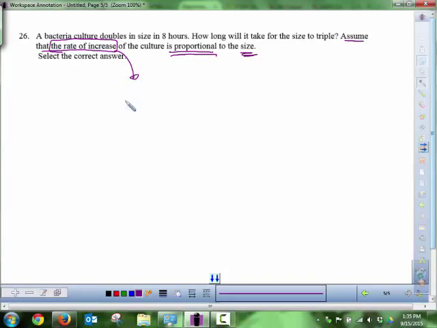So rate of increase, let's call this A or something, dA dt, is proportional to its size. Okay? So that's how the translation happens. And just try to pick out the words and translate it directly.